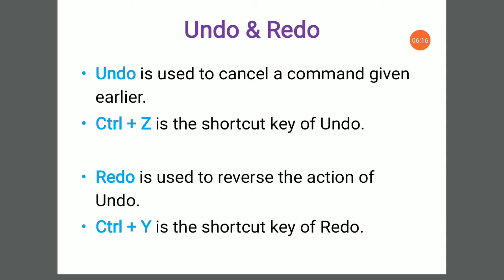Redo is used to reverse the action of undo. Means redo will cancel the action of undo. Okay. Ctrl plus Y is used as the shortcut key of redo. Fine.